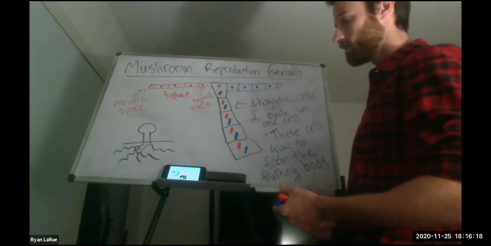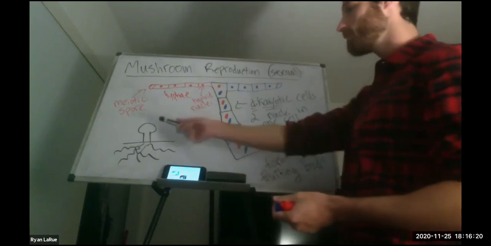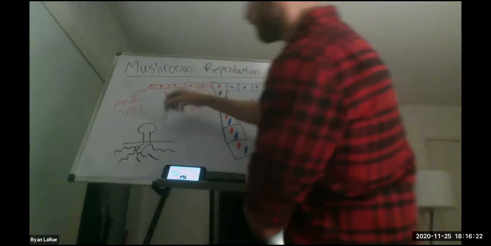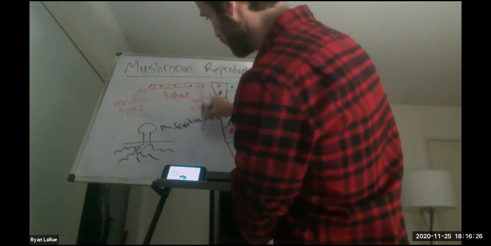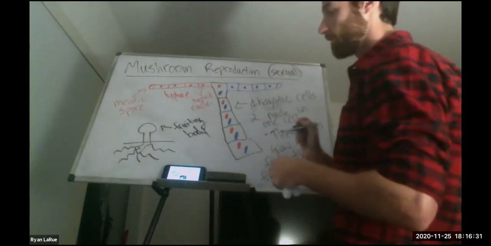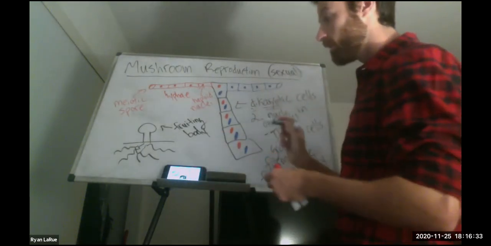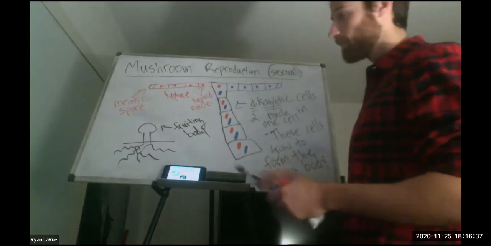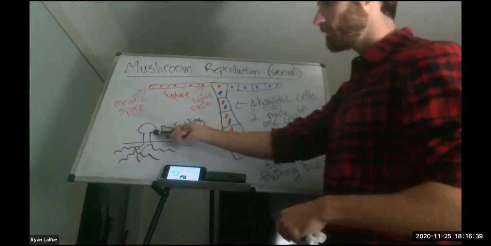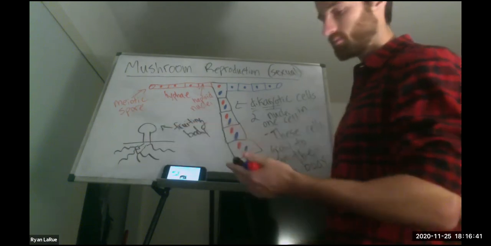What was I going to say? It forms this fruiting body, right? So this is the fruiting body. And to complete our cycle here, this mushroom is going to perform meiosis underneath it to form new spores.